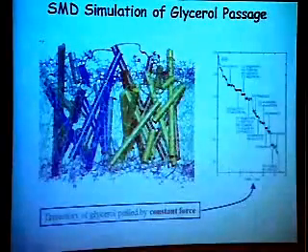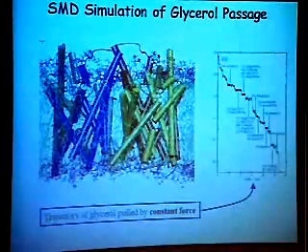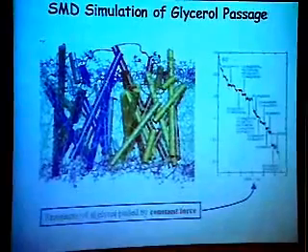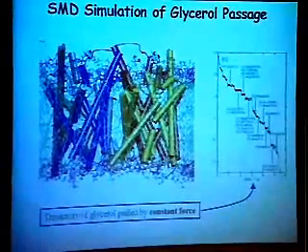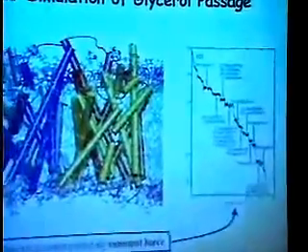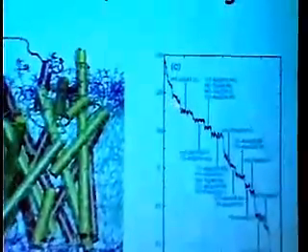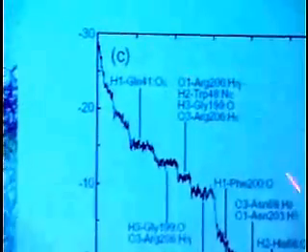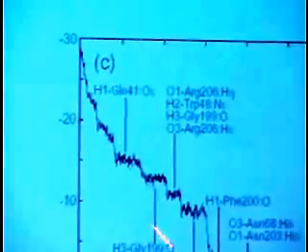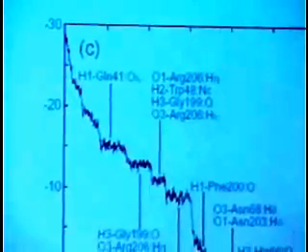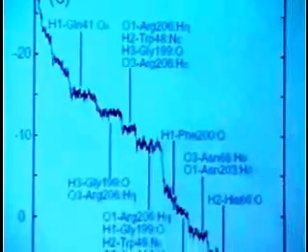Of course, what you usually want to do is to look at these stationary regions and see what the stabilization forces between glycerol and the protein are, and why it is spending more time in these regions. And these are the hydrogen bonds, for example, which are listed. We don't want to go through the details here, but that's one type of analysis that you always want to do on your SMD results.